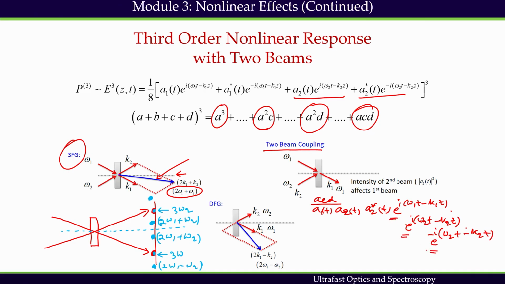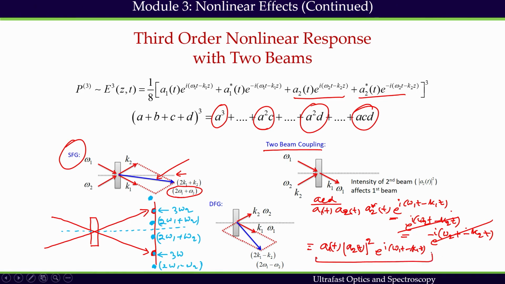If I multiply and simplify this, then we finally get A1T, then A2T square modulus, and then e to the power I omega 1T minus K1Z. These two terms cancel out, and we get this expression.